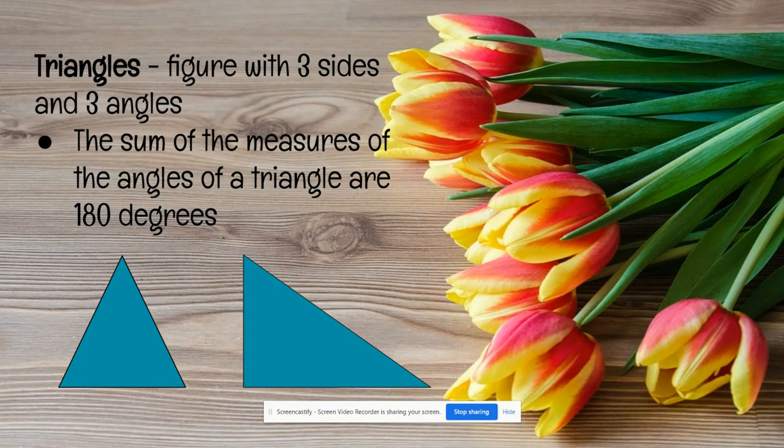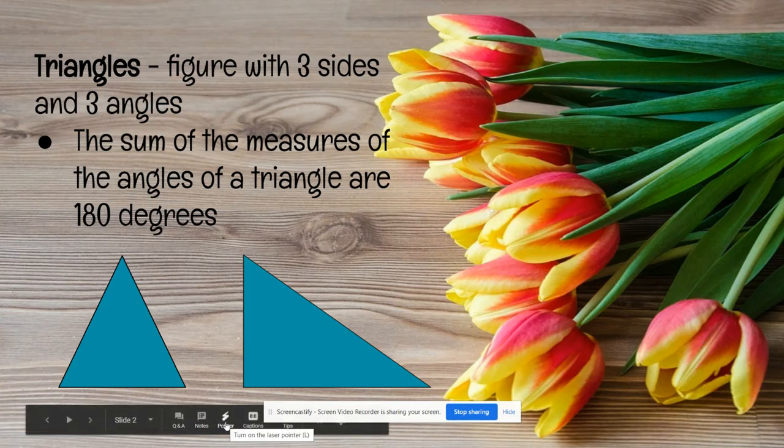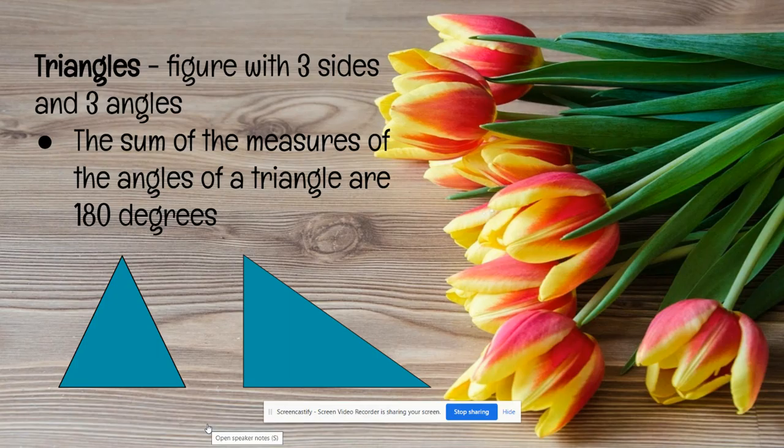More specifically, and it's not in your textbook or on the paper that you guys have, but a triangle needs to be connected. So if a shape has three sides and one of the sides isn't connected, you need to make sure that you're not labeling it as a triangle.